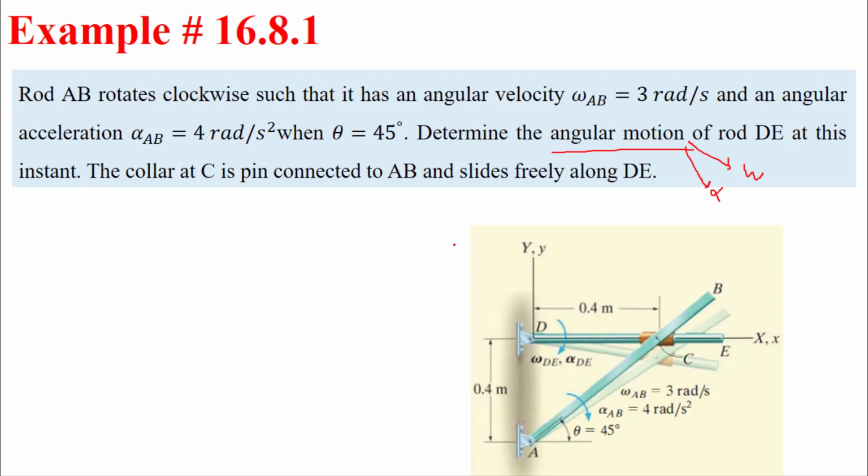The collar at C, this slider, is connected to AB and slides freely along DE.